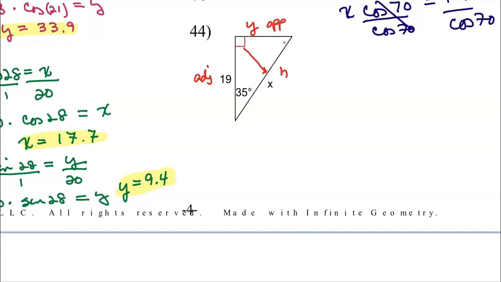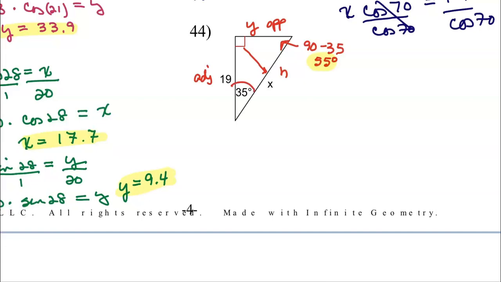Now go ahead and find the missing angle. I find that by saying 90 minus the given angle of 35, and 90 minus 35 is going to give me 55. So this is 55 degrees. So that is my missing angle. I have that already.